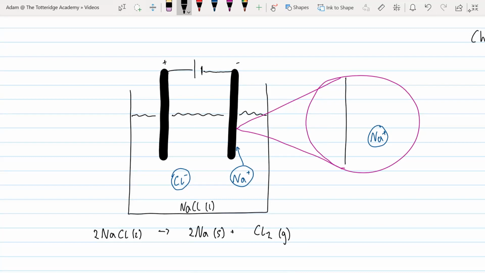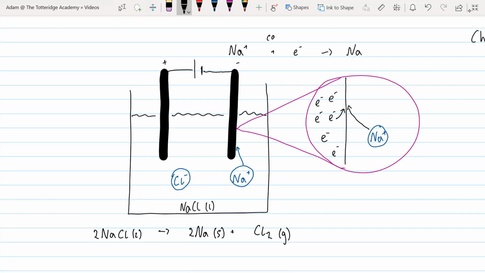So all over this electrode, I've got lots and lots of e minuses. That's what makes it the negative electrode. The Na plus is attracted to this electrode, where it picks up one of those negative electrons, and it forms Na like that.